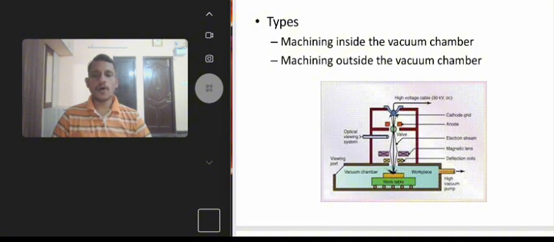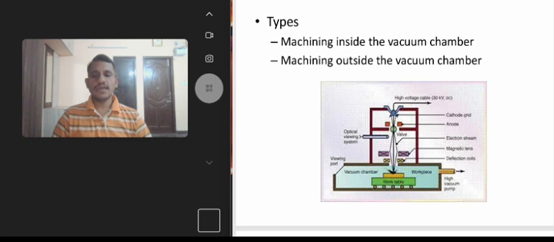It becomes possible because the electrons travel through the vacuum. This high velocity electron beam, after leaving the anode, passes through the tungsten diaphragm and then through the electromagnetic focusing lens. Focusing lenses are used to focus the electron beam on the desired spot of the workpiece.